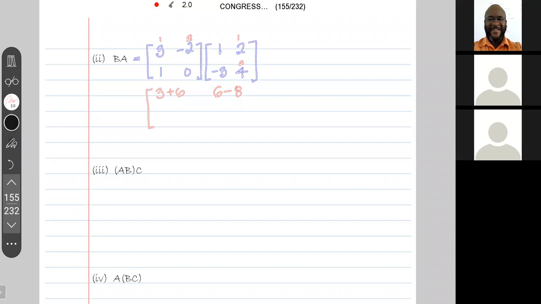Next, I'm going to move now to the bottom row. First element in the row, second element in the row. So I'm going to multiply now the bottom row by the left column.